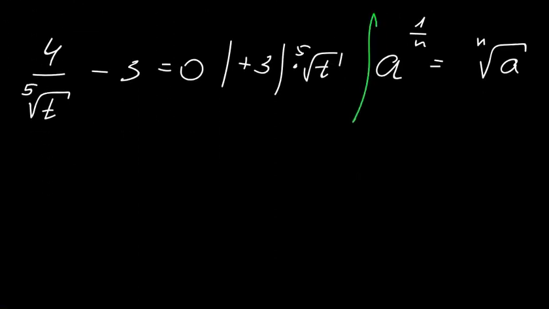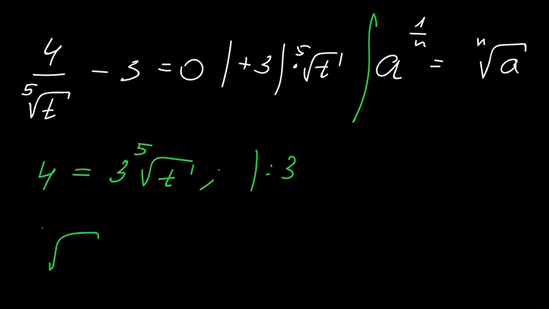Okay, so once we do that, we get 4 equal to 3 times the fifth root of t. Now let's divide both sides by 3, and we get that the fifth root of t is equal to 4 divided by 3.